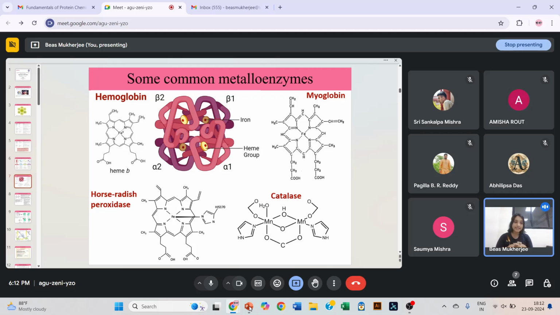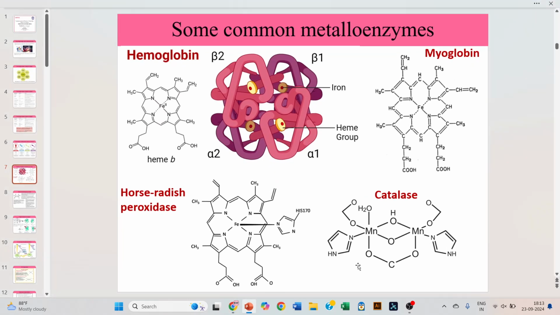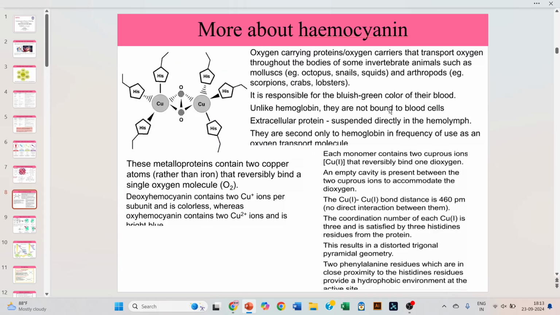And then there is the catalase enzyme. You can look at the catalase structure; there is manganese in its structure. Now we will have a look at hemocyanin. Hemocyanin looks like this. There are two copper ions bound to it, and deoxyhemocyanin contains 2 Cu1+ ions per subunit, and it is colorless.